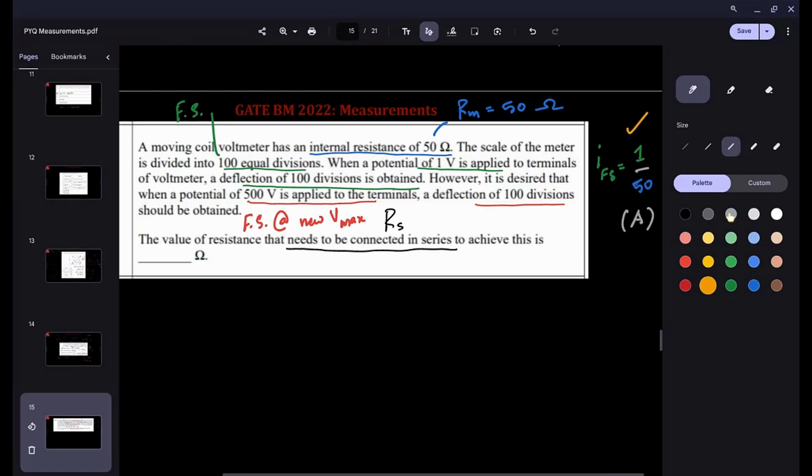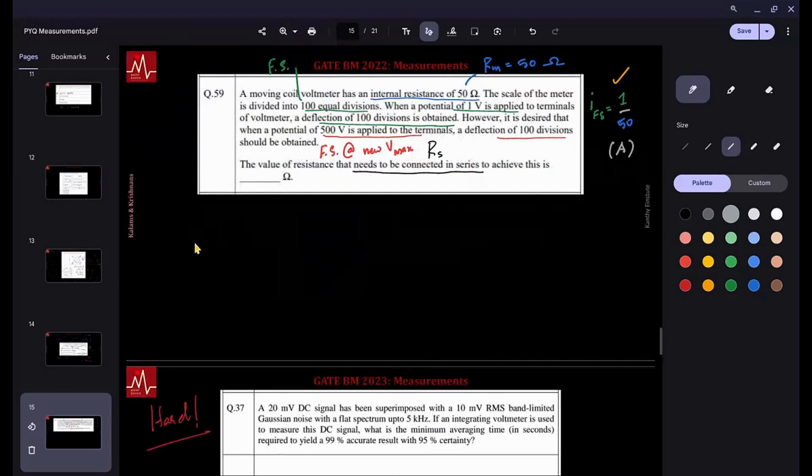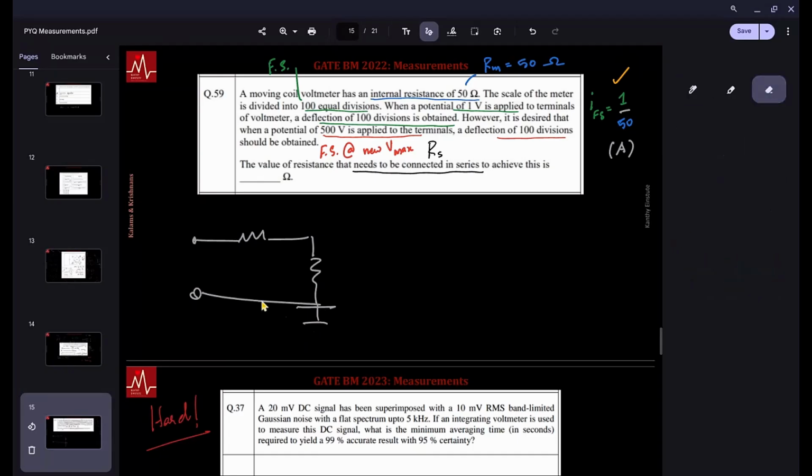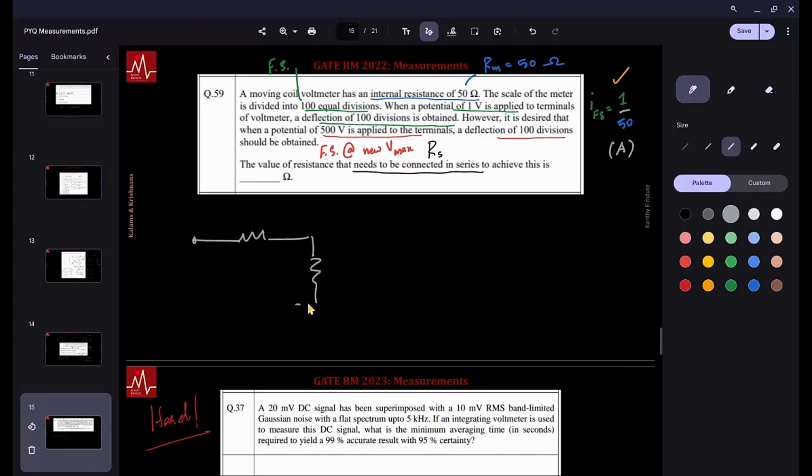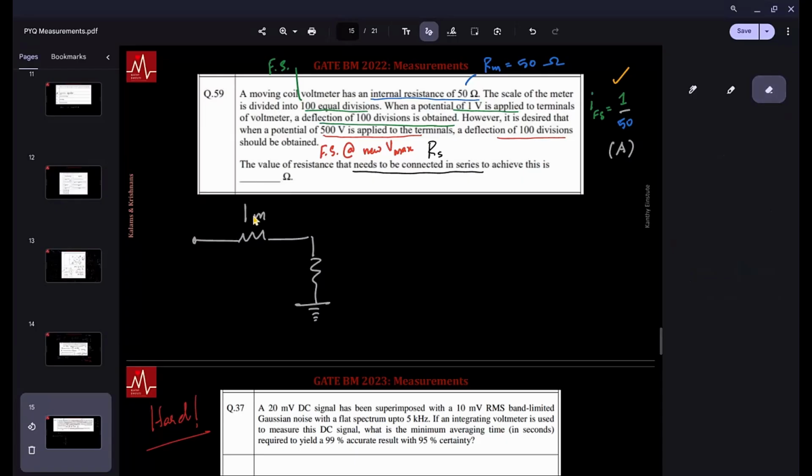Now, what is the circuit? Let me remind what the circuit is. You could put it this way, and then you can say this is grounded. Grounding is setting that as a reference. There is RM. Let's use our color code.